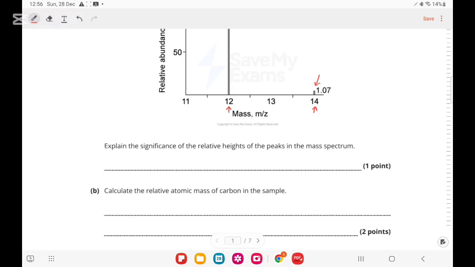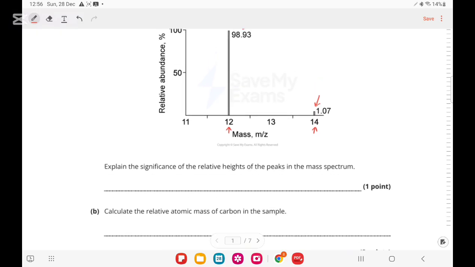First of all, what does the peak at carbon-12 show? The peak at m/z 12 shows that there is more carbon-12 in the sample, that carbon-12 has more amount in the sample.